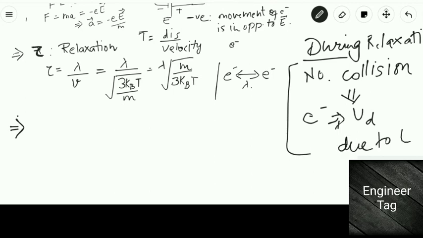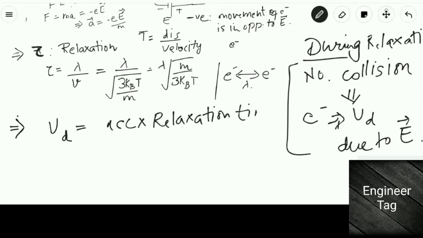So we can write that drift velocity is equal to acceleration into relaxation time. We have found out relaxation time and acceleration, so putting these values, we can find out the expression for drift velocity.